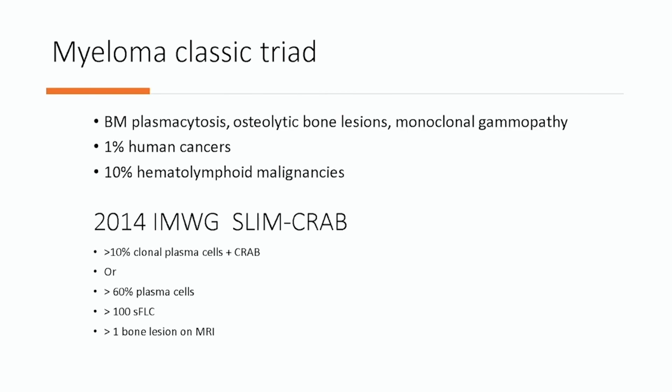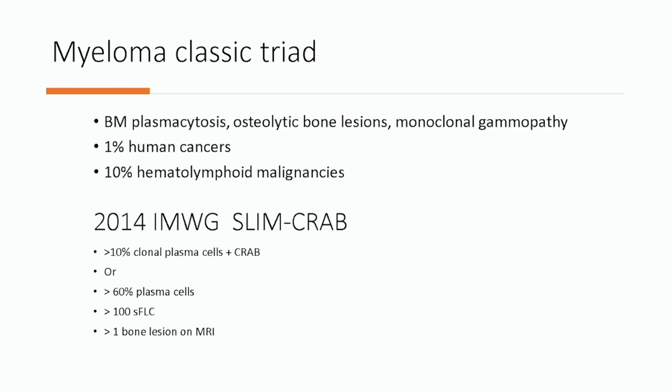As we are all familiar with the end organ damage, or the evidence of end organ damage by the CRAB criteria, the hypercalcemia, the renal impairment, the anemia, and the bone lesions. The 3 more criteria do not fit necessarily as end organ damage or evidence of end organ damage, so they are called biomarkers of malignancy.